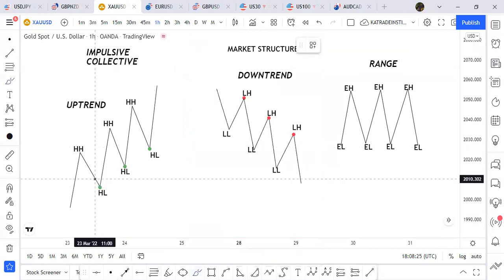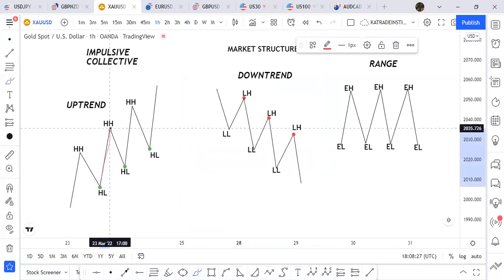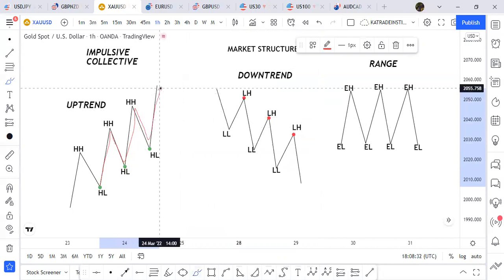This is what we call the impulsive, and then the collective. Impulsive, collective, and then impulsive.